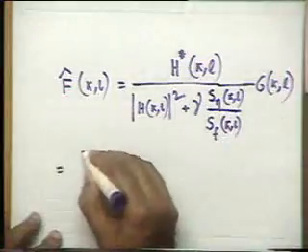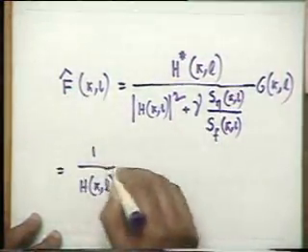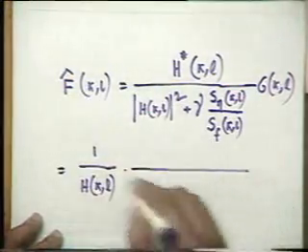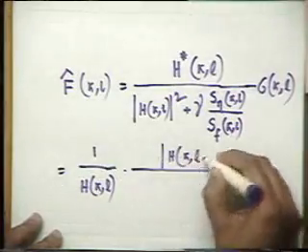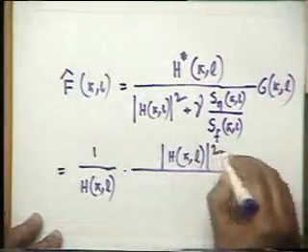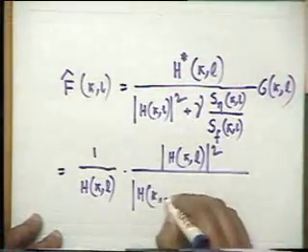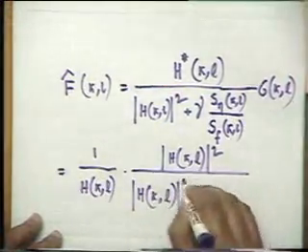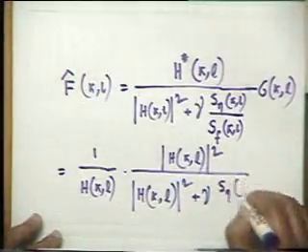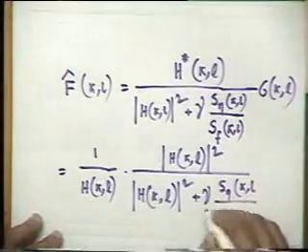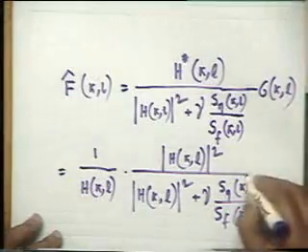So the same thing can be written as 1 upon H of KL times mod H_KL square divided by mod H_KL square plus gamma S_eta KL by S_F KL.